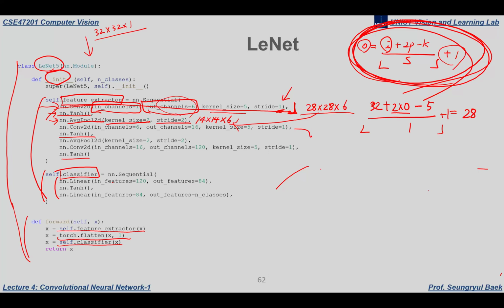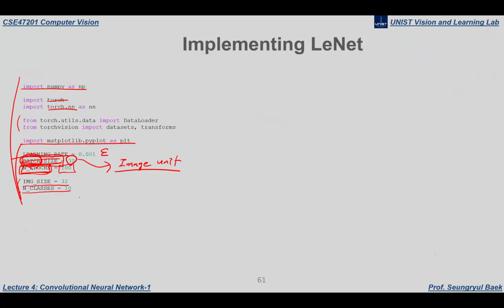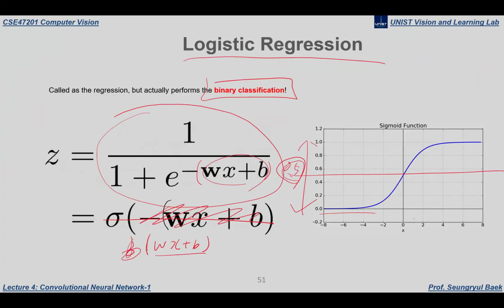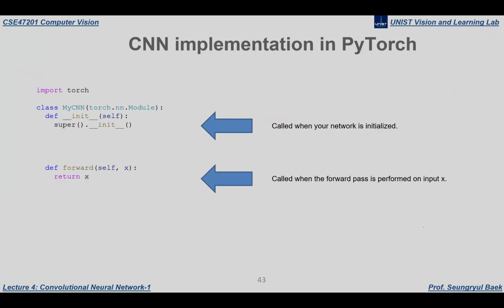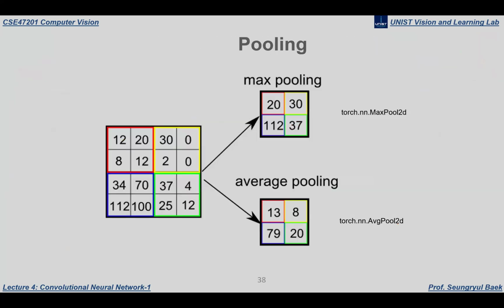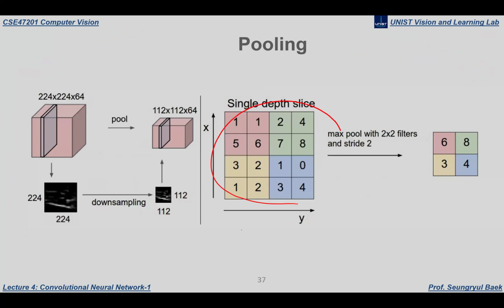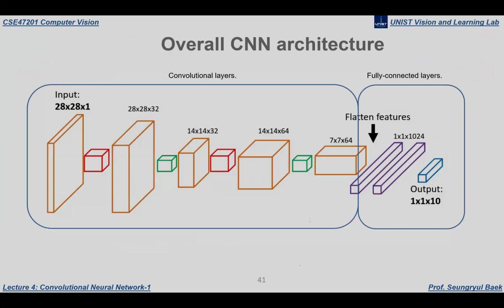It is exactly the pooling operation we saw here. The stride is 2 and the window size is also 2, so it halves the input size.